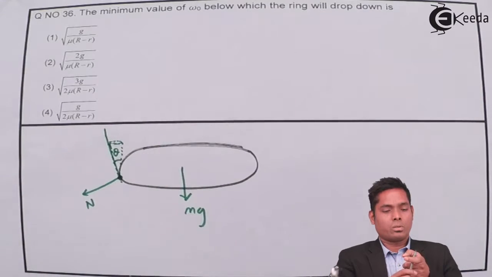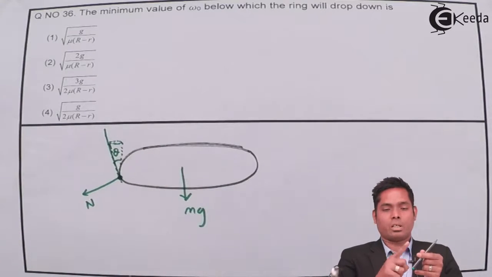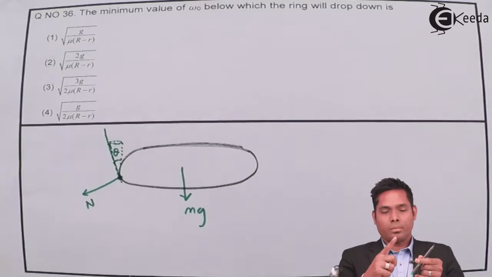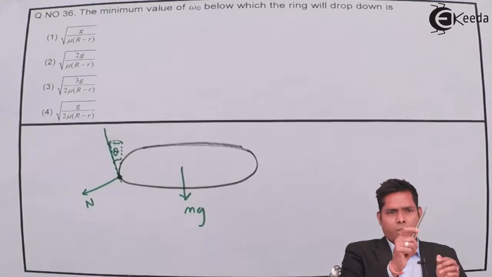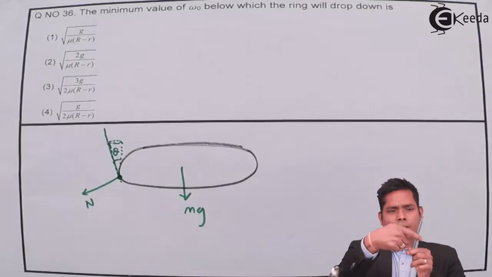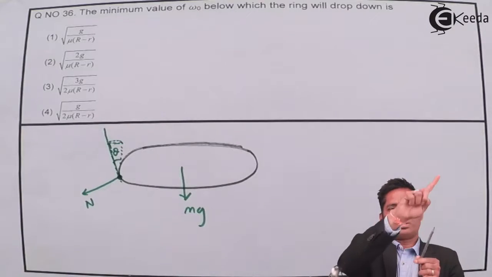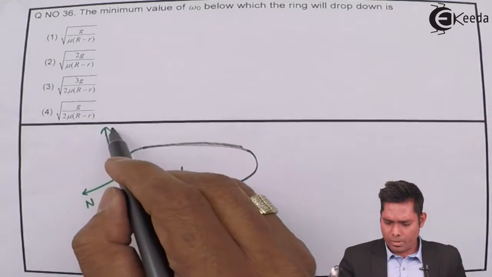The friction should be, because this is on an inclined plane. This line is inclined, and if the ring has to slip down, then it has to slip down like that. Then friction will be in this direction. So friction will be in this direction.